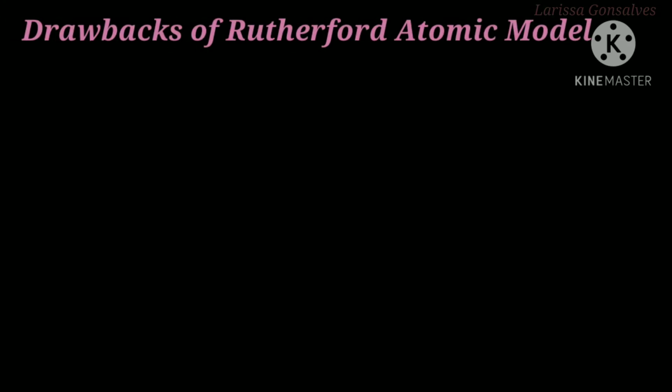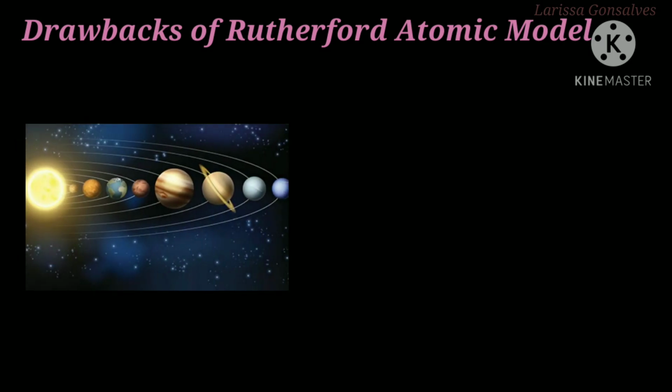So this was all about isotopes, isobars and isotones. Now we are moving on to the next topic, that is drawbacks of Rutherford's atomic model. Rutherford had put forth his nuclear model of the atom, and he said that his atomic model resembled the solar system, wherein the nucleus would play the role of the massive sun and the electrons would act as the lighter planets.